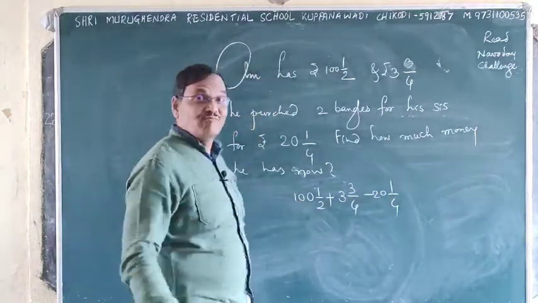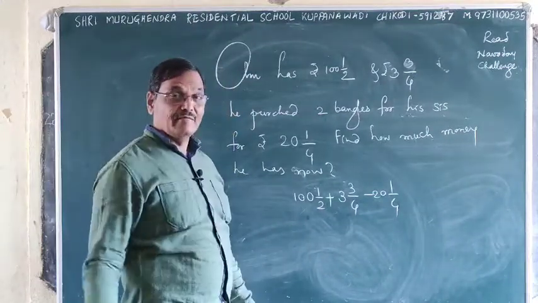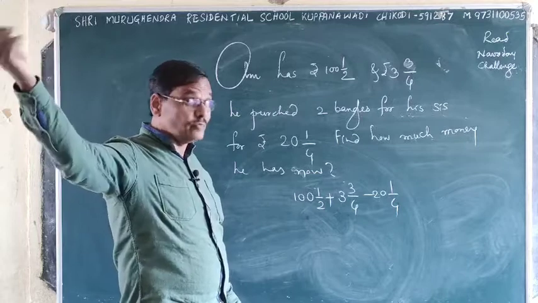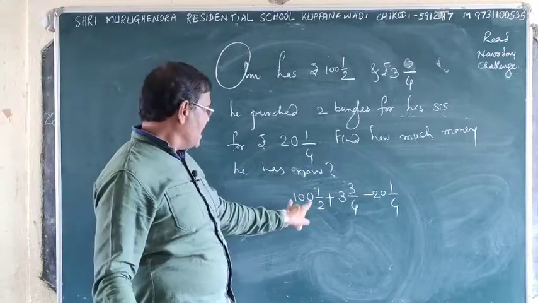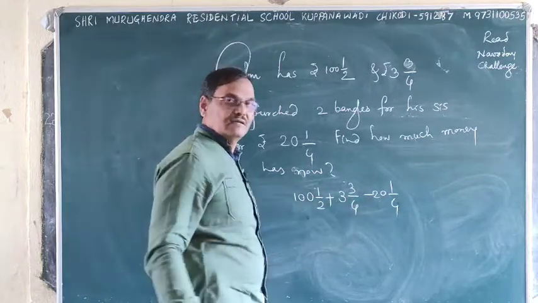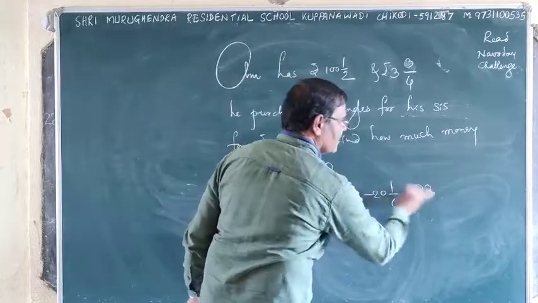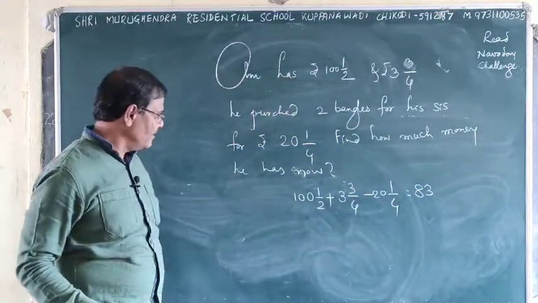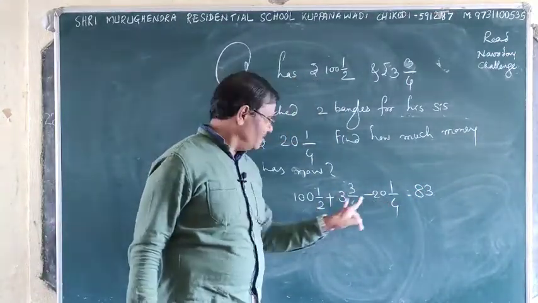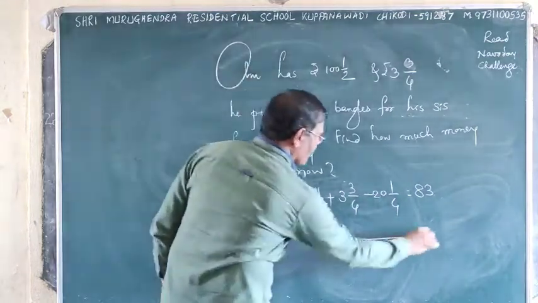Then the one easy method I gave you, the same you have to apply. One easy method in my previous video I gave. 100 plus 3, 103 minus 20 is 83. 100 minus 20 is 80, 80 plus 3 is 83. Then you have to go to the fractions.